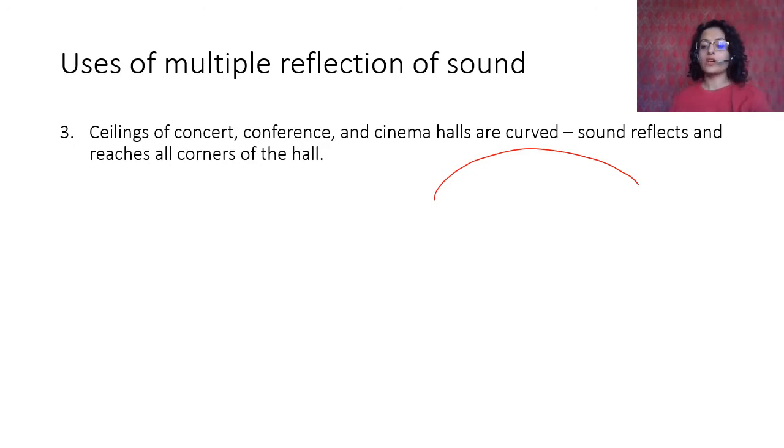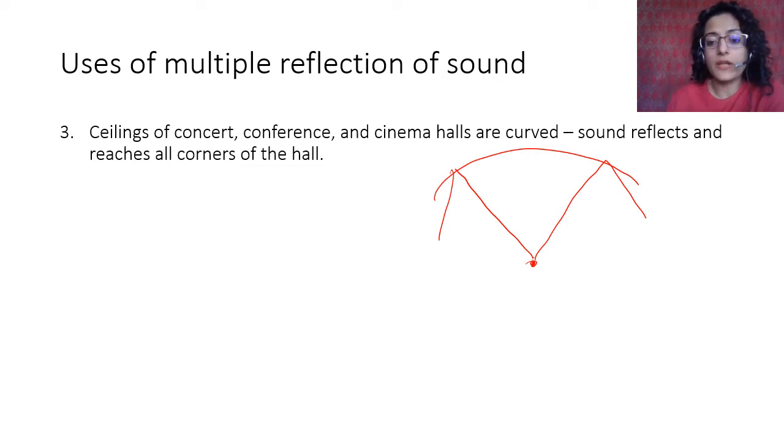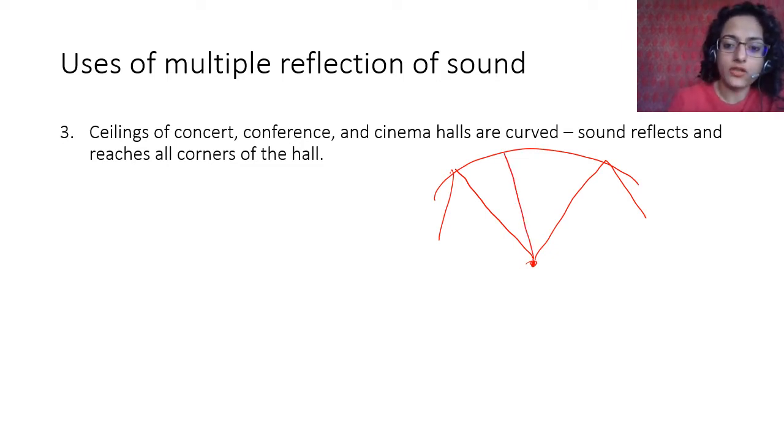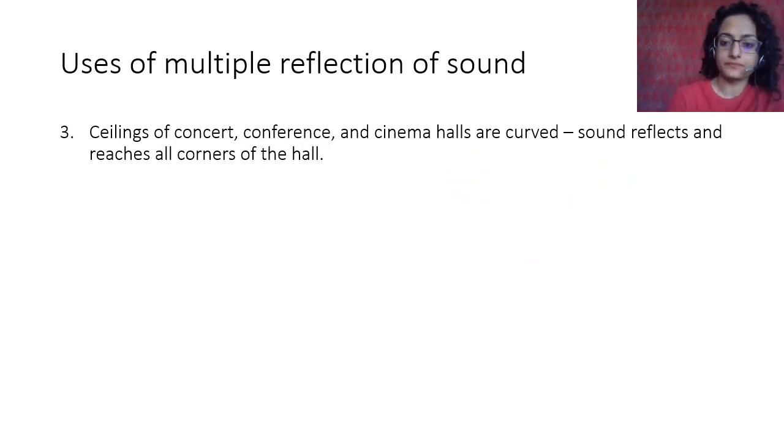Of course, some of the sound is absorbed to prevent too much reverberation, but by curving that, what you will do is, this is a source, by curving you are ensuring that the sound reaches all parts of the hall, without reverberating too much, without having multiple echoes, they reach every part of the conference hall, because angle of incidence is equal to angle of reflection, so you will see that they reach all parts of the conference hall. Okay, that is why it is curved.